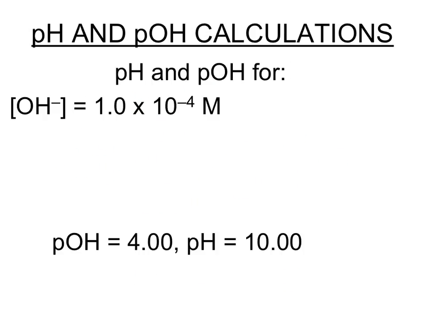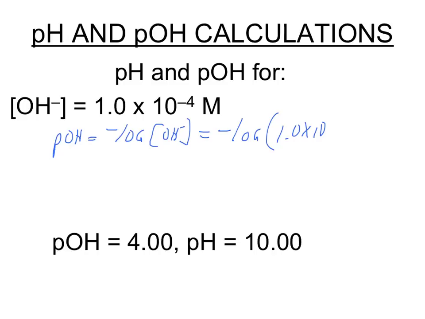So in this problem I'm asked to calculate the pH and the pOH for the following. So if I know the OH minus concentration, I can use the fact that the pOH is equal to the negative log of the OH minus concentration, which equals the negative log of 1.0 times 10 to the minus 4, which equals 4.00. Remember, with sig figs, we get an extra sig fig from this.